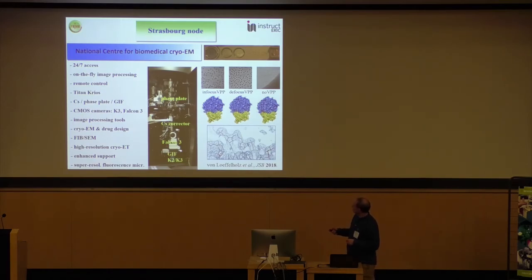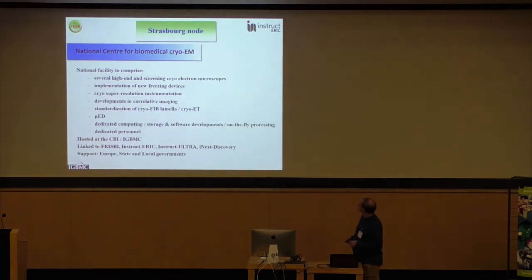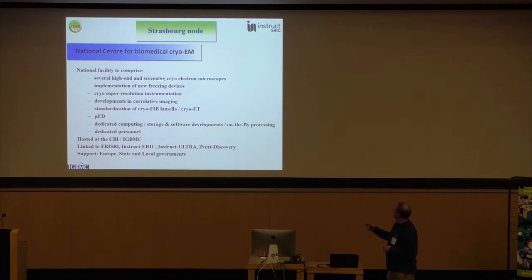Include FIB lamella and FIB SEM, high-resolution cryo-electron tomography, and all the aspects around it. So the National Center will comprise high-end instrumentation and screening electron microscopes, new freezing devices, super-resolution instrumentation and developments for correlative imaging, standardization of cryo-FIB lamella. This is really a challenge towards cryo-ET applications.